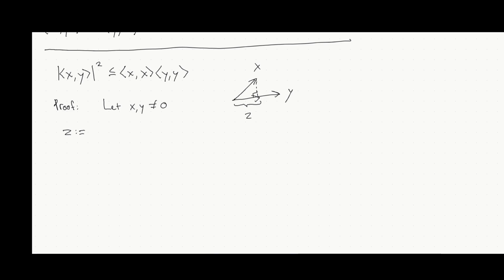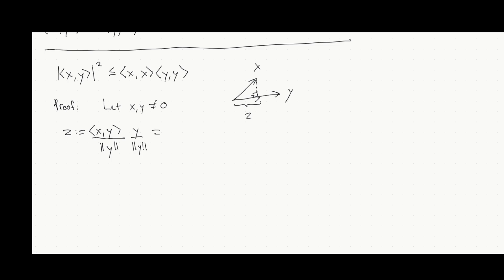Well, the way we get the projection is we first project the magnitude, so that's x inner product y, and then we need to project that onto the unit vector of y, so we need to divide by the magnitude of y. But that's just a number right now, this is just the magnitude of that vector, so we again need to multiply it by the unit vector of y.